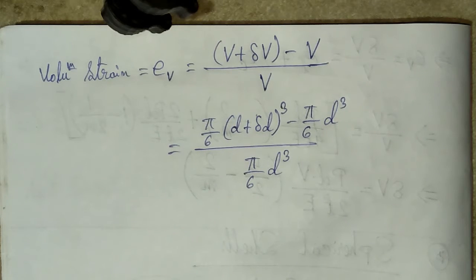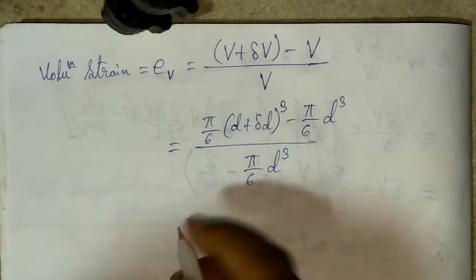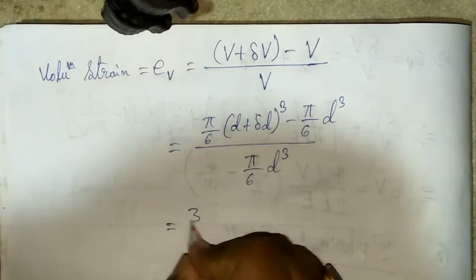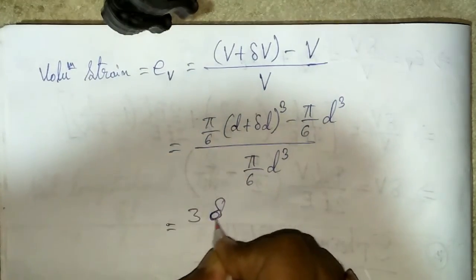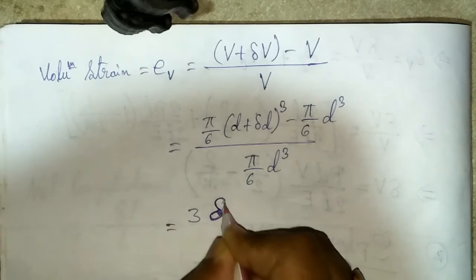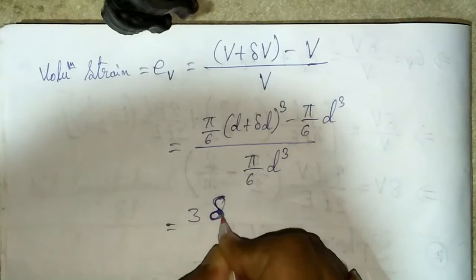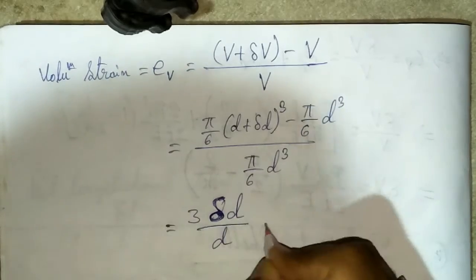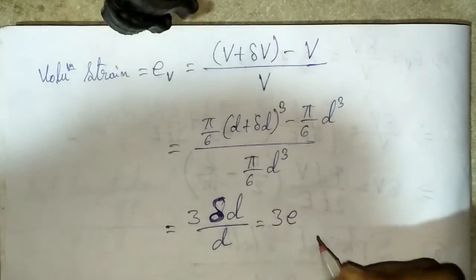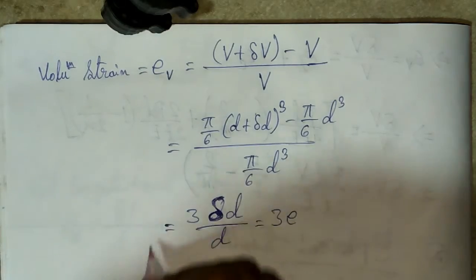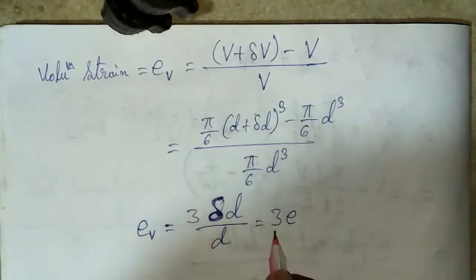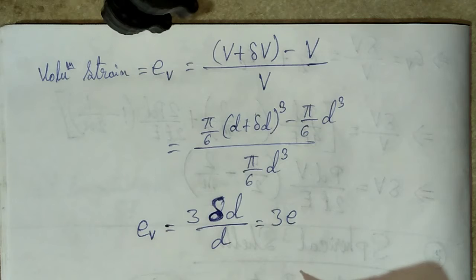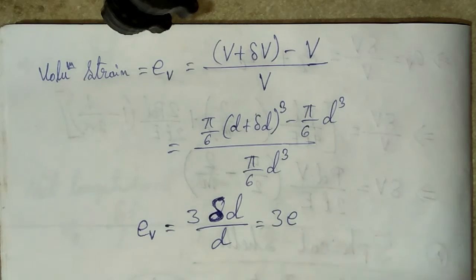By calculating this volumetric strain, we get 3 into delta d by d, so that becomes 3 into e. We get the volumetric strain ev equals 3 into e.